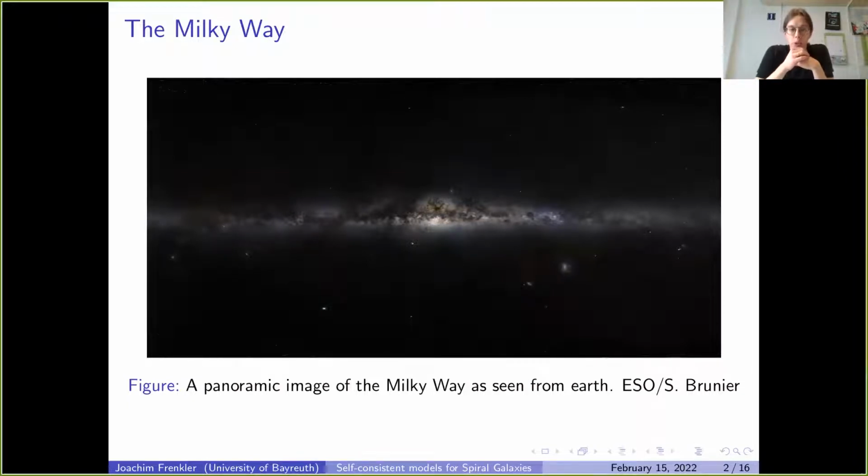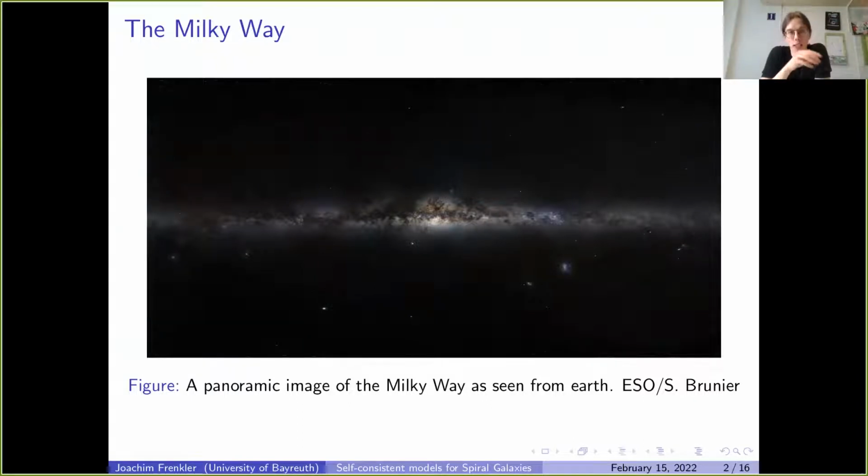I will restrict myself to the spiral galaxy in which we are living ourselves, the Milky Way. And here for the introduction, I show you a panoramic image of our galaxy like we can observe it in the sky. This panoramic image spans the entire sky around the sun, and was taken at the European Southern Observatory.